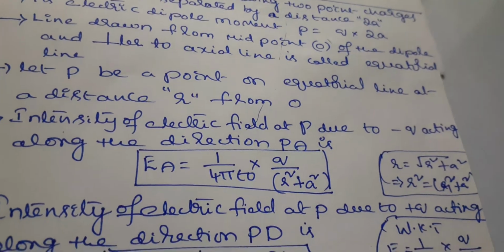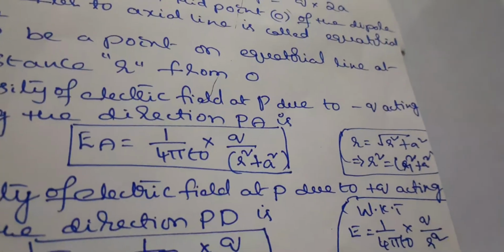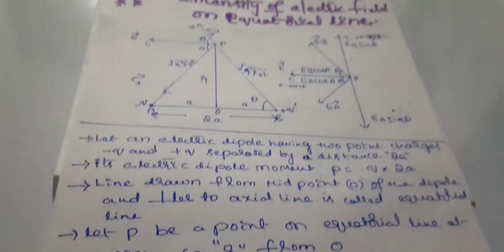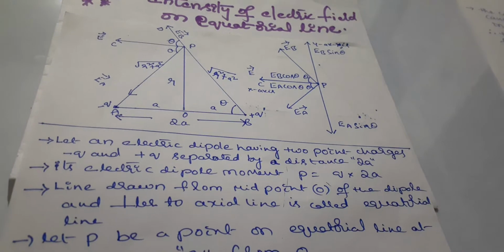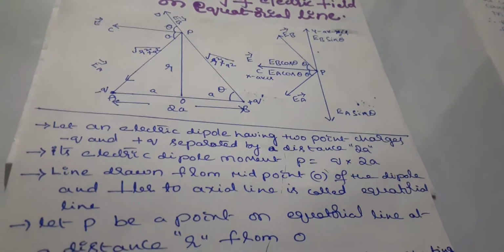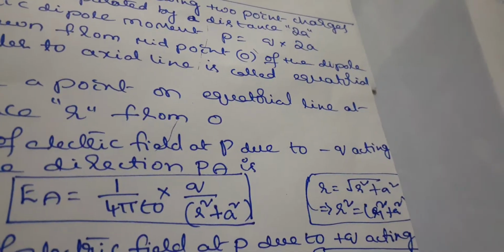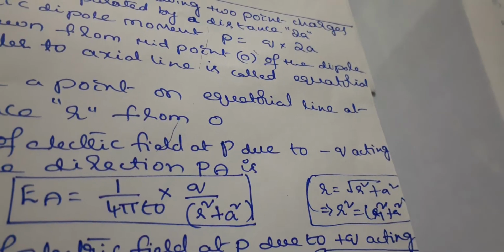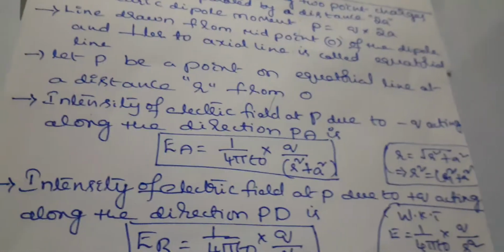So 1 by 4 pi epsilon naught into q by r square, but here r means the distance from P to minus q, students, which is square root of r square plus a square. So r square is taken as, you can see in the side rough work, r square plus a square.